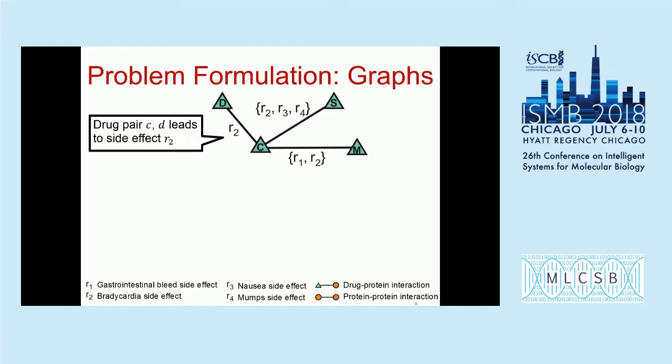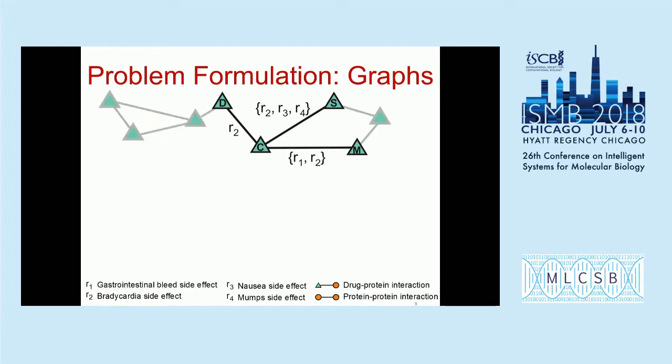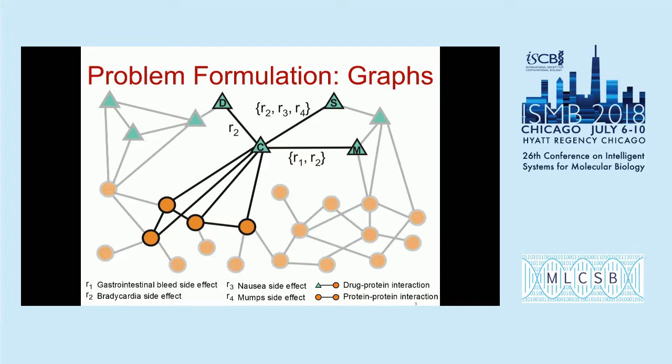For example, it can lead to 3 different types of side effects with drug C, which will be shown here as multiple edges between the C and S nodes. Each edge will be of a different type. And we have many drugs in the system, not only C, D, and S. Furthermore, we have information about what the protein targets of individual drugs are, which is shown here in these orange circles, and the interactions between protein targets represented by a protein interaction network.